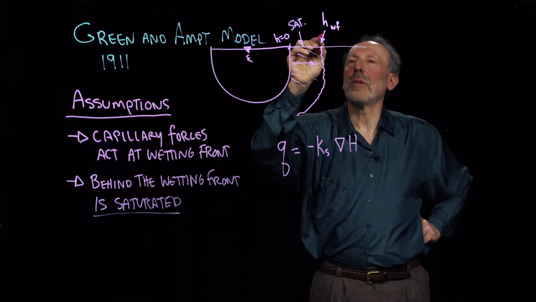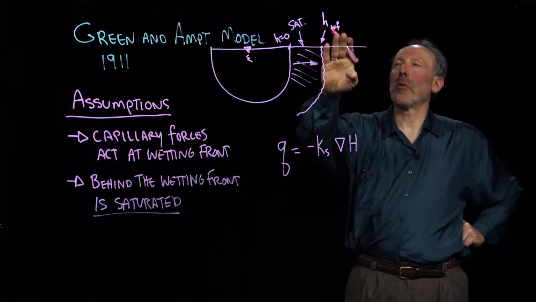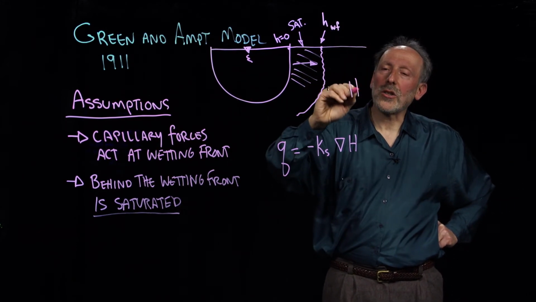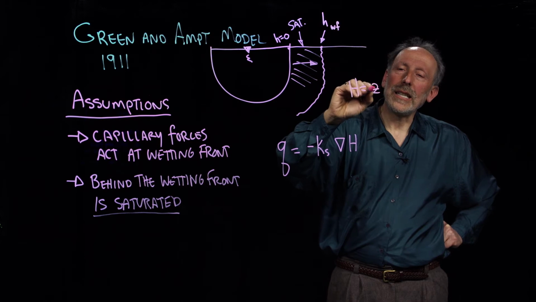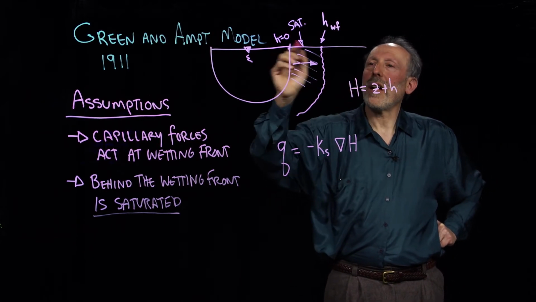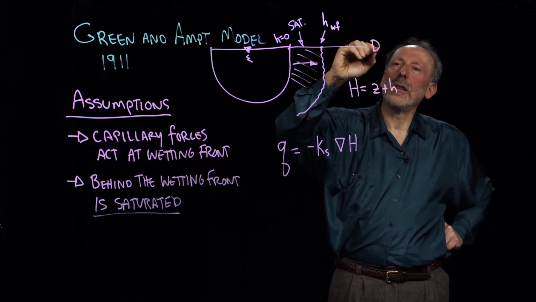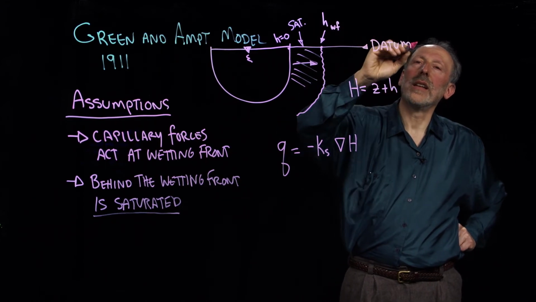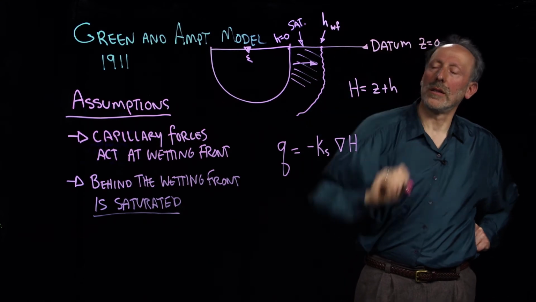And at this point here, the pressure potential is equal to the wetting front potential. They're at the same elevation. So our total potential, as we know, is Z plus H. And here, we can just set our datum so that Z equals 0.